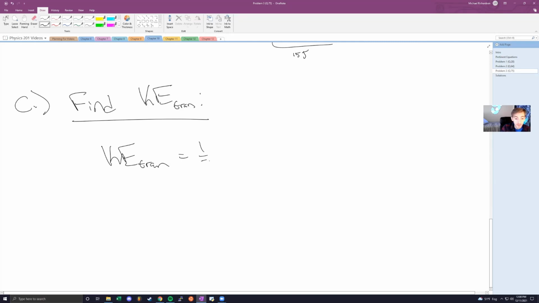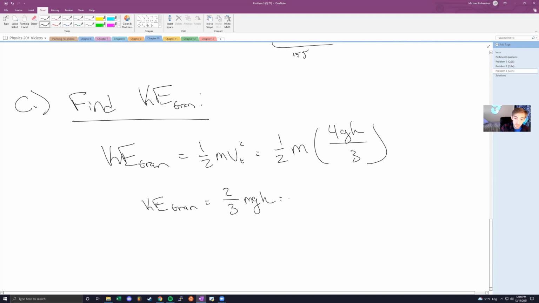We get that this is 1/2 times mv squared, which again is going to be 1/2 times our mass, which we had defined earlier, times v squared, which is equal to 4gh over 3. And now we're left with 2/3 mgh, which is 2/3 of our initial potential, which gives us that this is going to be equal to 10 joules, knowing that our initial potential is 15 joules.